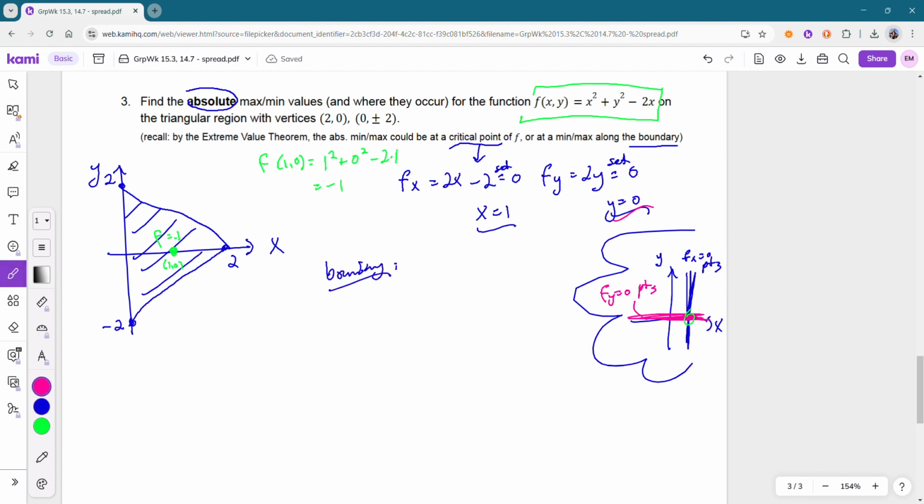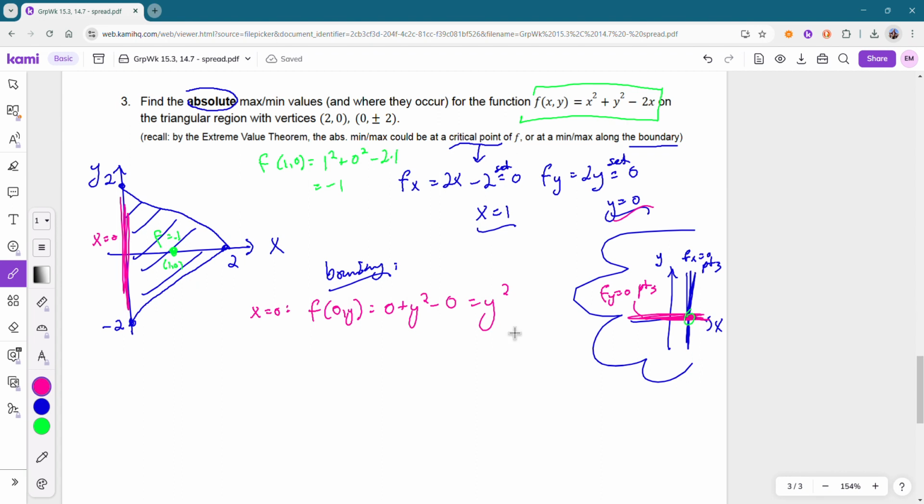Maybe the cleanest one to start with is over here on the left. That's where x equals 0. So if we plug that into our function, we get f of 0, y, and we're going to get 0 plus y squared minus 0, which is just y squared.